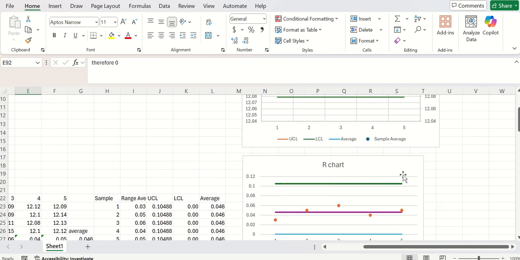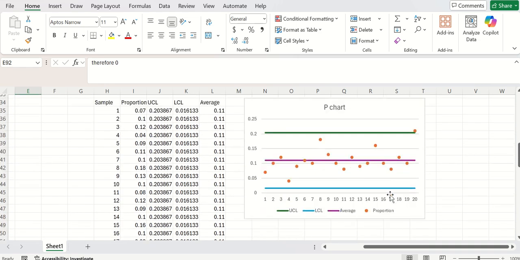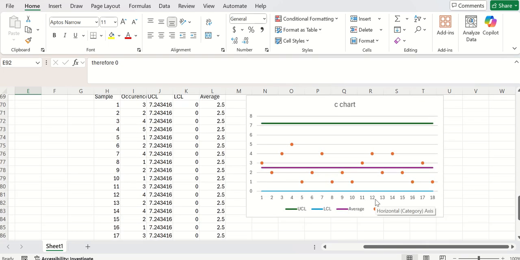Similarly, the R chart looks at the range, how much difference there is between our max and our min. The P chart is a way for us to look at proportions of the number of items that are being inspected on a day. And finally, the C chart, where we're just looking at the number of defects in the sample that we've gotten.